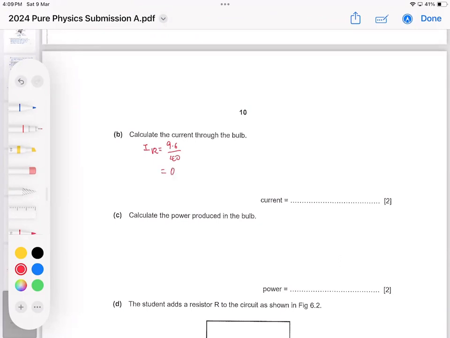From here we get 0.24 A. The current passing through the bulb is the same as the current passing through the resistor, so therefore this is also 0.24 A. For power, here we can use I squared R. Light bulb current is 0.24, we square it, and the resistance of the light bulb is 10. From here, we get about 0.58, to 2 d.p. Normally we can also do it to 3 s.f., it's fine.